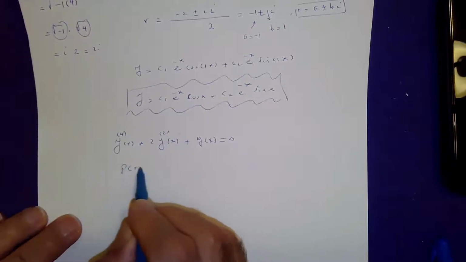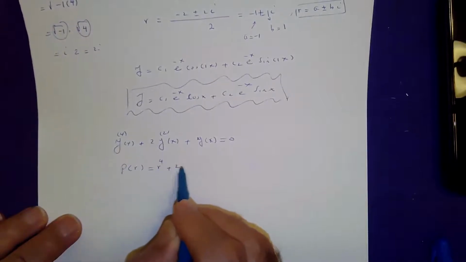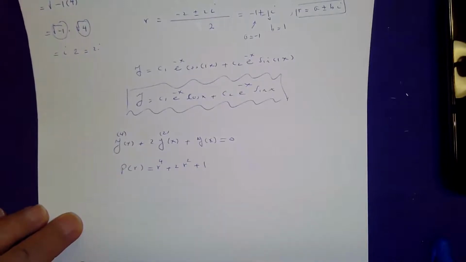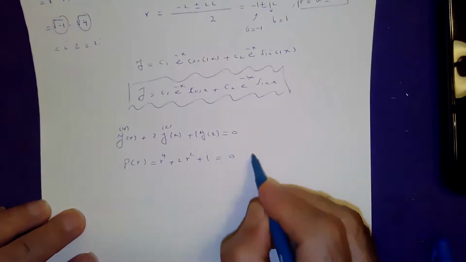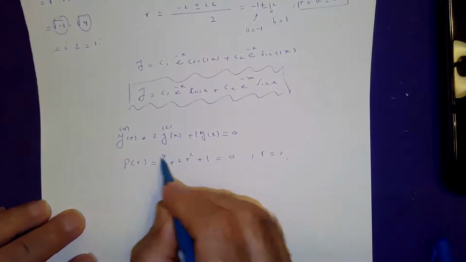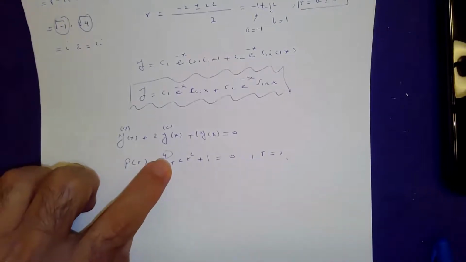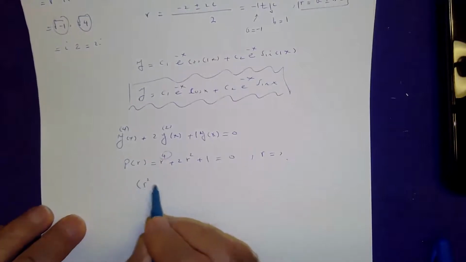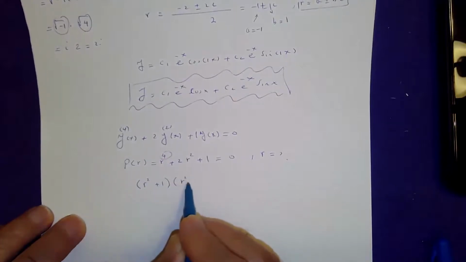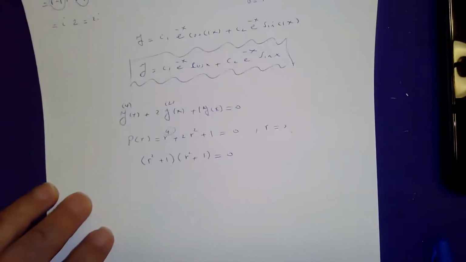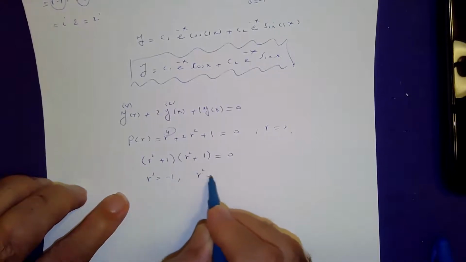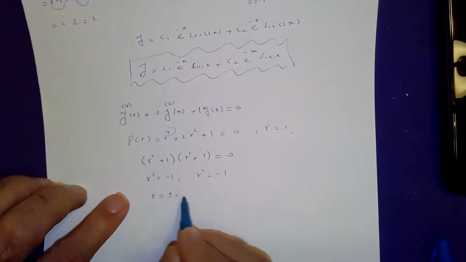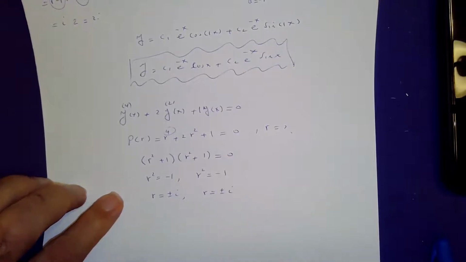So the auxiliary polynomial is r to the 4 plus 2r squared plus 1. There is a 1 here you don't see. Set this equal to 0 and solve for r. You need four answers for r because this is 4th degree. Factor this: r squared plus 1 times r squared plus 1. Set each of these equal to 0 and solve for r. This gives you plus or minus i, and this gives you plus or minus i.